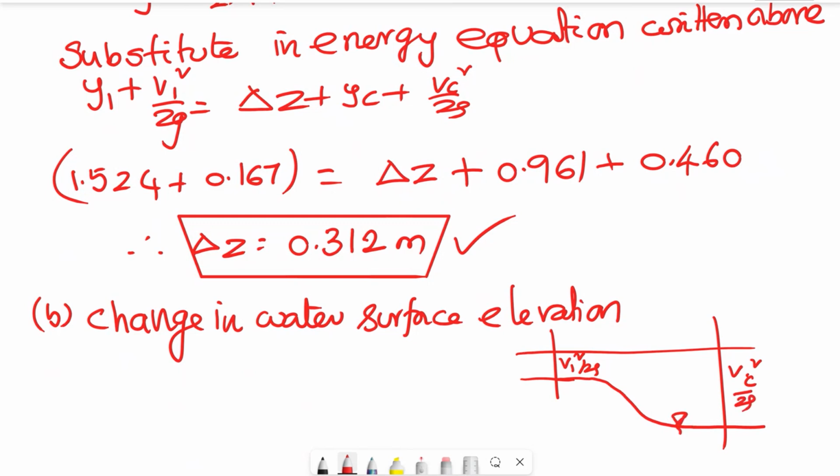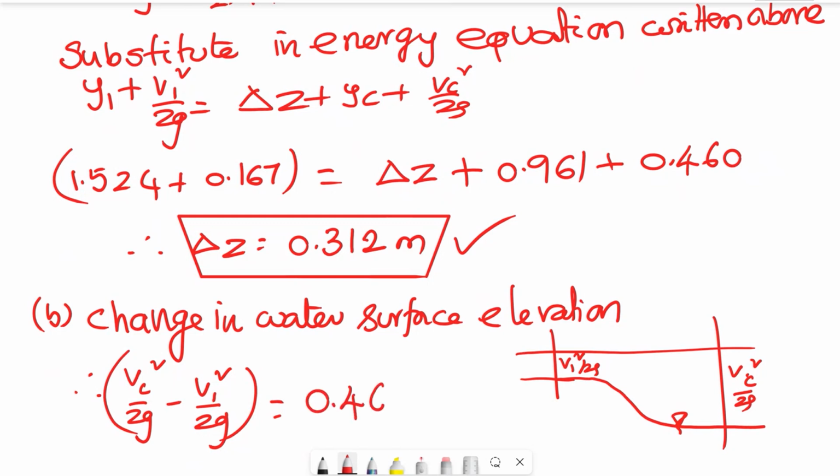This is water. So therefore, it is nothing but vc squared by 2g minus v1 squared by 2g. So vc squared by 2g is 0.460. v1 squared by 2g, I got it already, 0.167. So if I subtract it, then I will get 0.293. That's all the answer. Very simple.